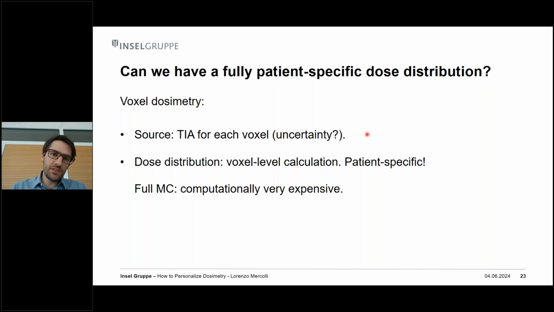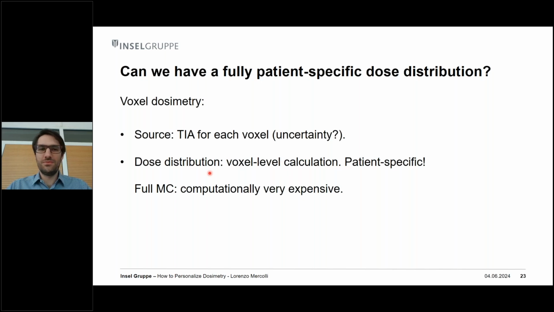There are ways to take care of this, of course, but keep in mind that whenever you start fitting time activity curves and computing time integrated activity for each voxel, quite some modeling and quite some assumptions go into this. Okay, so now we have our source. Every voxel is now a source, and we can also compute each voxel as a target.